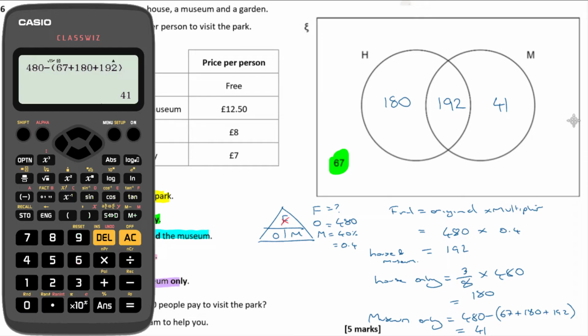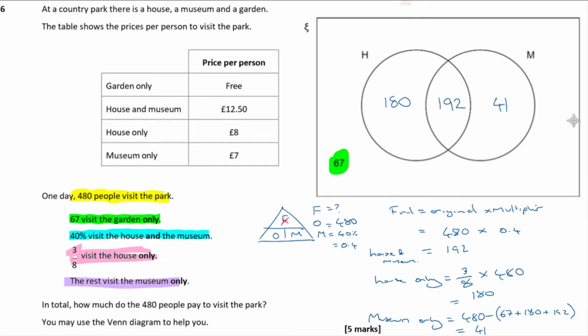Okay. So then what is the total that they pay then to visit the park? So garden only is free. House only is £8, so we're going to be multiplying that amount by 8. House and museum is £12.50, and museum only is £7. Okay, so we're going to do those and add them up, aren't we?